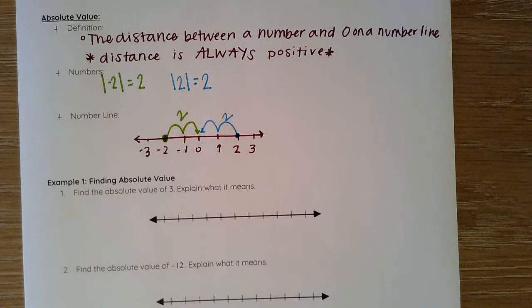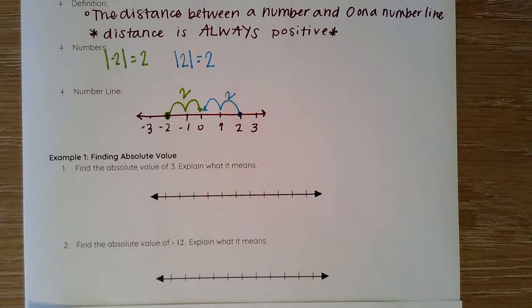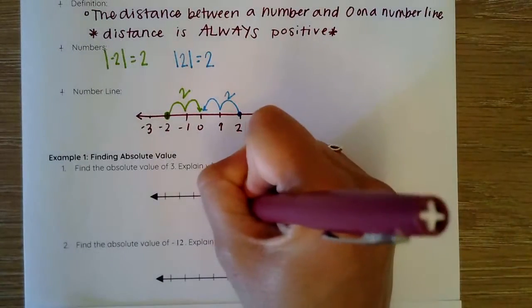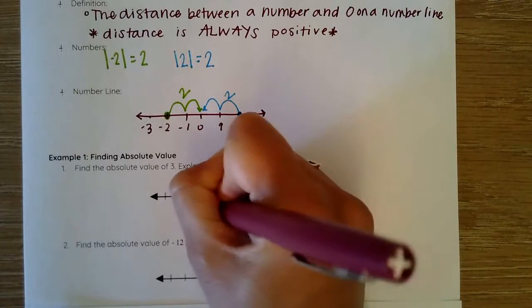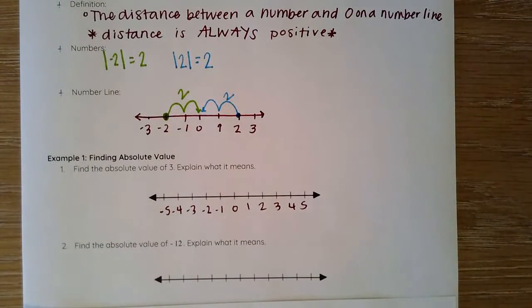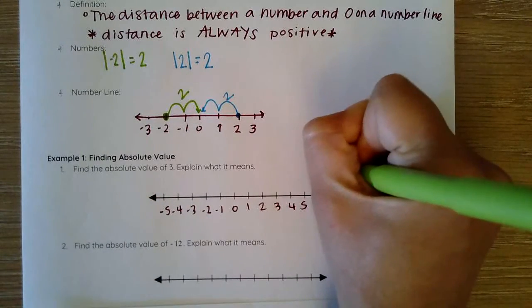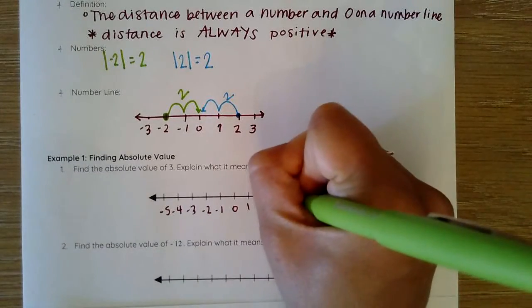All right, let's try a couple of practice problems. So down here it says find the absolute value of 3 and explain what that means. So I'm going to go ahead and label my number line. I'm going to start with 0, 1, 2, 3, 4, 5, -1, -2, -3, -4, -5. All right, so I am looking for the absolute value of +3. Well, my 3 is right here.